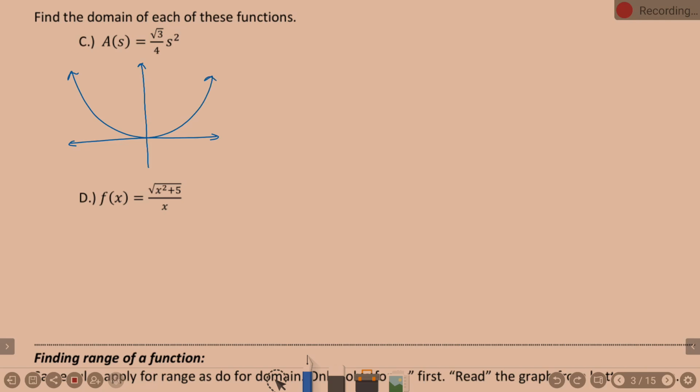We don't have any negative square roots to worry about. We don't have any zeros in the denominator to worry about. Based on that information, if we're just looking at what this equation is, what would you say the domain is? A parabola in general is negative infinity to positive infinity, or if I put it in words, I can use the expression all reals.